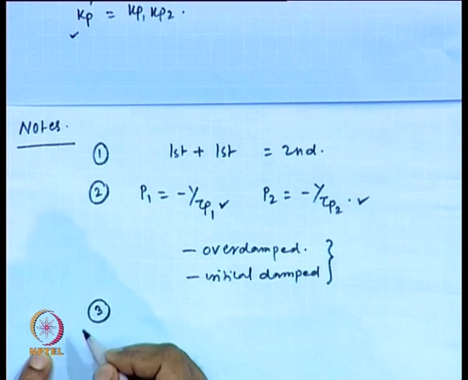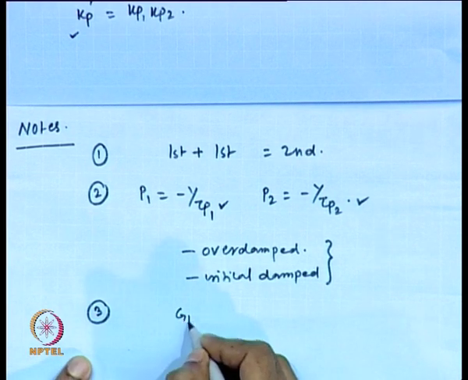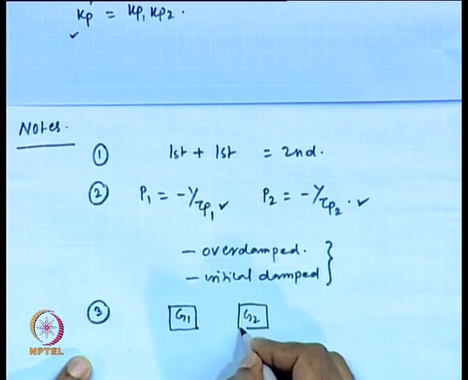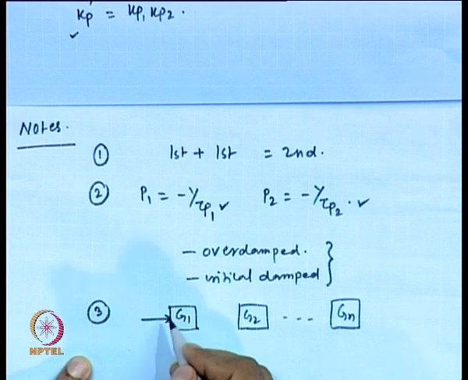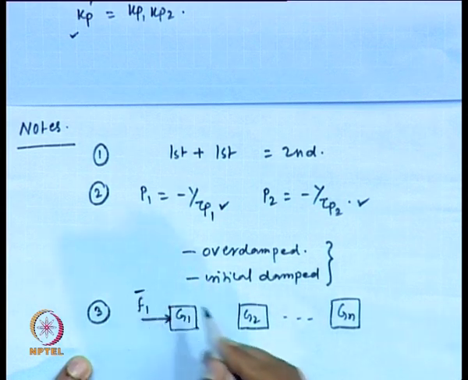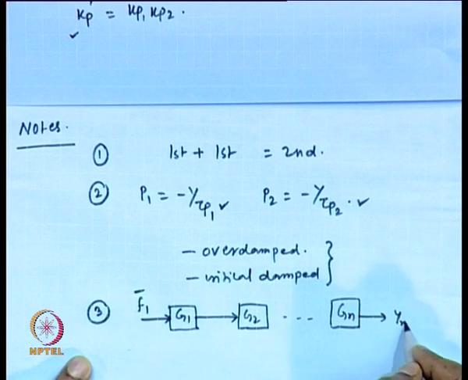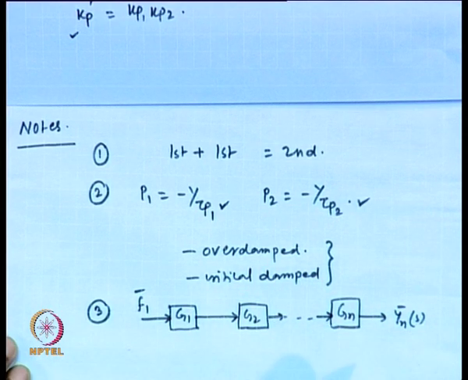Third one is, we have connected two first order systems in series. If we connect n number of first order systems, what will be the overall transfer function? Suppose this is Z 1, this is Z 2, like this way we are connecting n number of systems. This is F 1 and finally, we are getting Y n S. Fine.